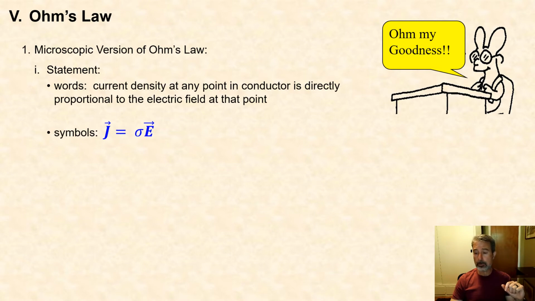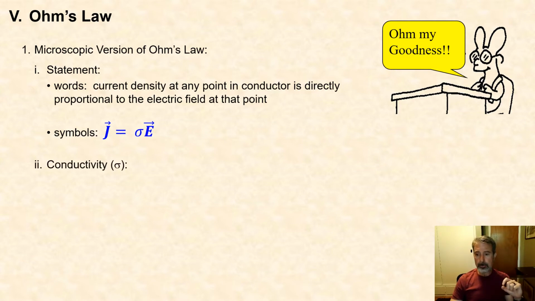Stated symbolically, the current density J is equal to this proportionality constant we call sigma, which by name is the conductivity of the medium, times the electric field strength. Notice that both J, the current density, and the electric field are vector quantities, and their direction should be the same. Sigma is a scalar, this proportionality constant, which we'll talk a little more about now.